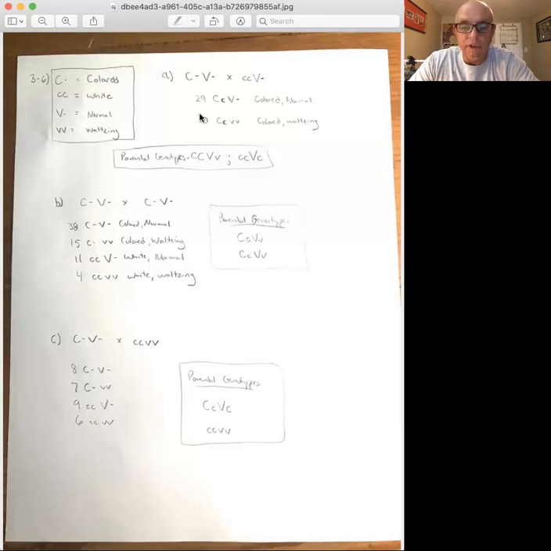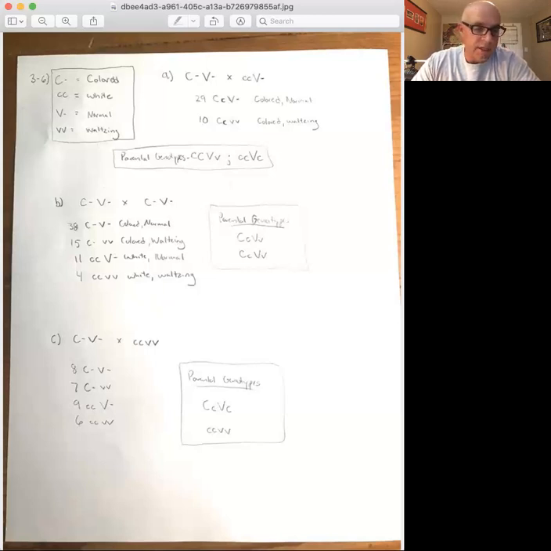Here, this one is essentially a 3:1 ratio, because the only offspring that actually varies is the normal versus waltzing. So it's essentially like a big V, little v mating with a big V, little v. You're going to get a 3:1 of normal to waltzing. So you can use both the numbers and just the pure genotypes to figure these things out.